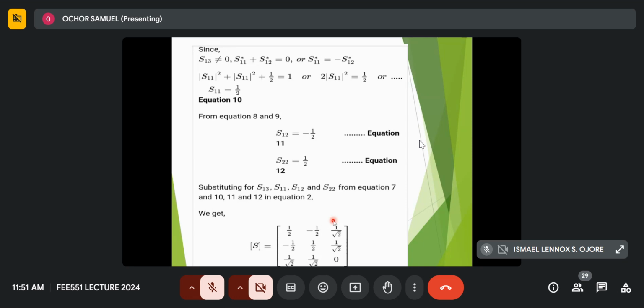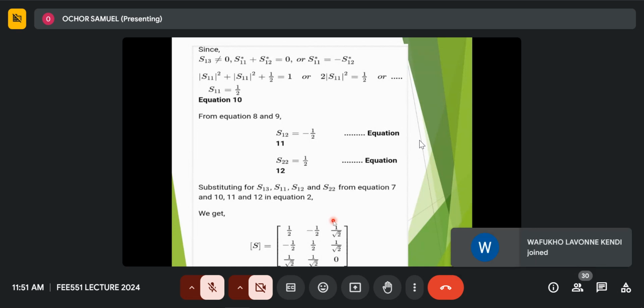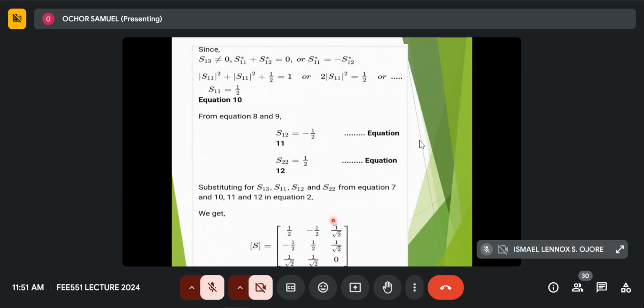And from equation 12, we can get S22 equals S11 equals a half. Now, if we substitute those exact values of those elements in our initial 3 by 3 matrix, we are going to end up with that matrix written over there. So that's the characteristic matrix of the H plane tee.